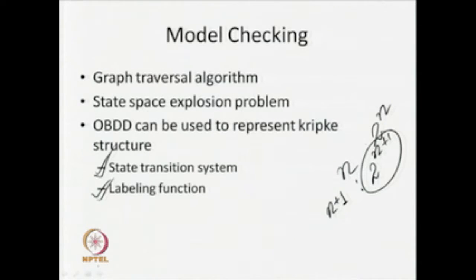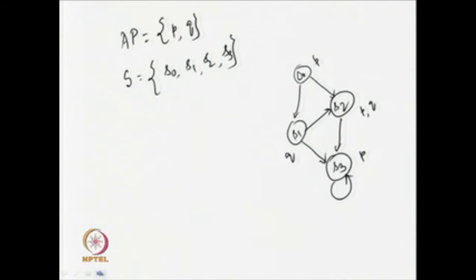Now, when we are using OBDDs to represent the state transition system, along with that we must have the information of this labeling function, then only can ROBDDs be used for a model checking algorithm. So, in this particular case, you just see which are the states where the atomic proposition P is true.